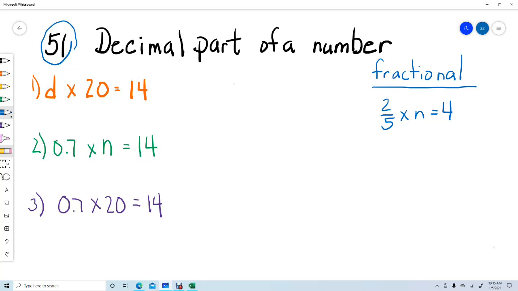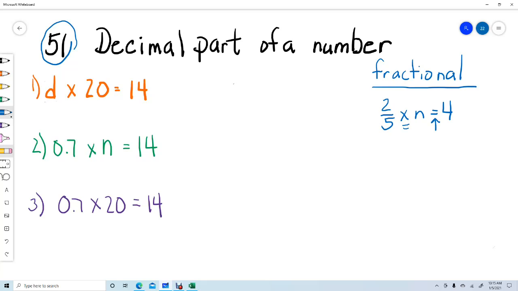And you would have to convert that word problem into a math problem. And I gave you some little tricks on how to do that. For example, when you saw the word of in the problem like that, that meant multiplication. And when you saw the word is in a problem like that, that means equals.